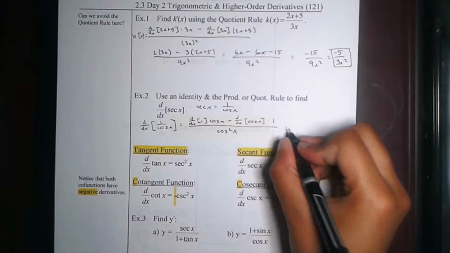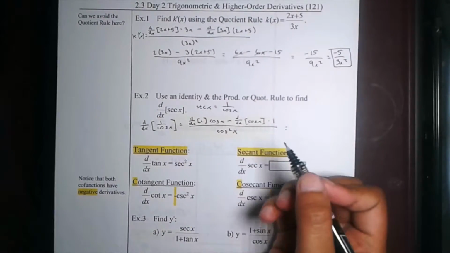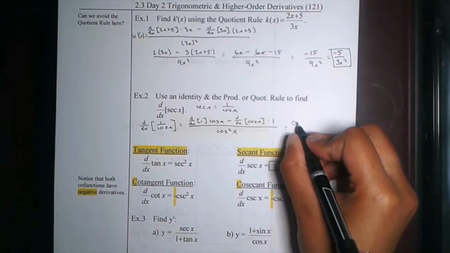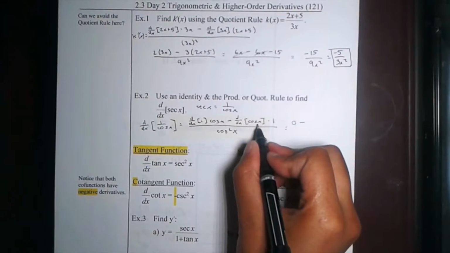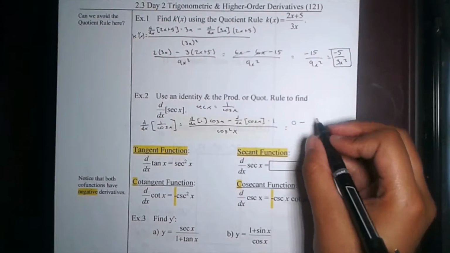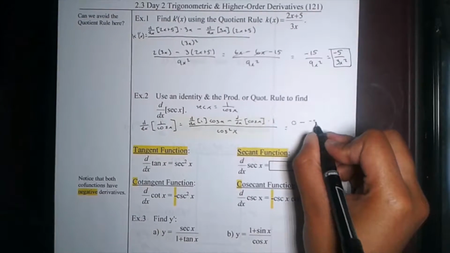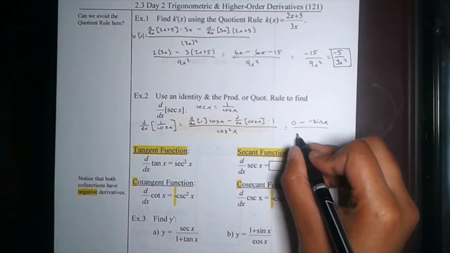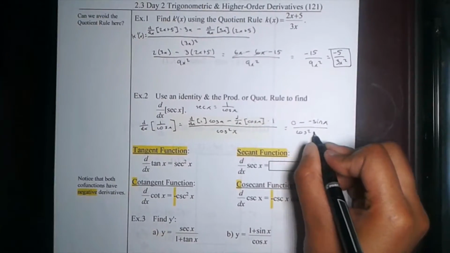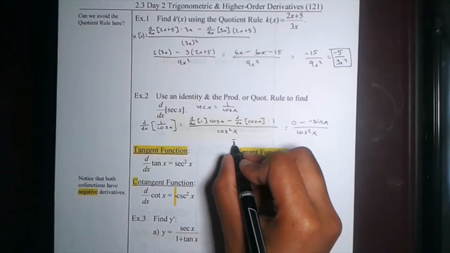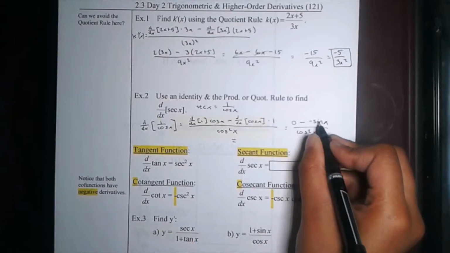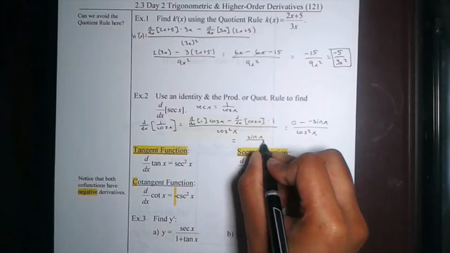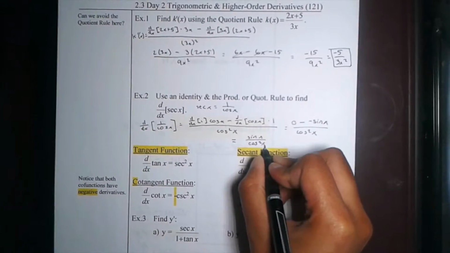So if you solve that, the derivative of 1, since it's a constant, is just 0, and 0 times cosine is still 0, minus the derivative of cosine, which is negative sine of x, times 1, over cosine squared of x. And then 0 minus a negative is plus, so it's positive sine of x over cosine squared of x.